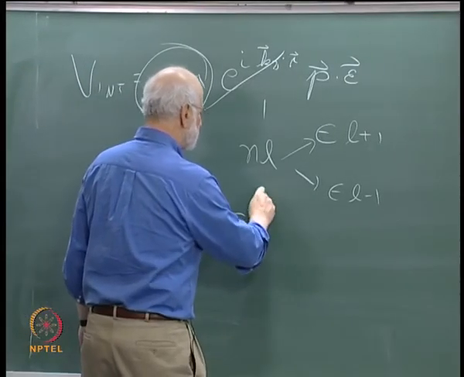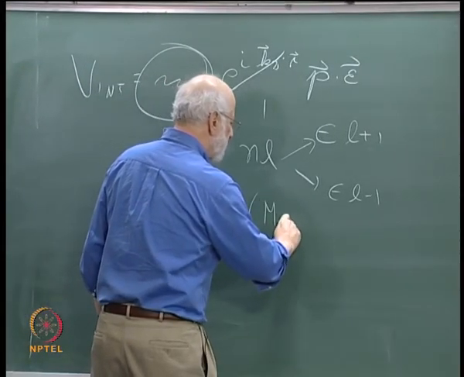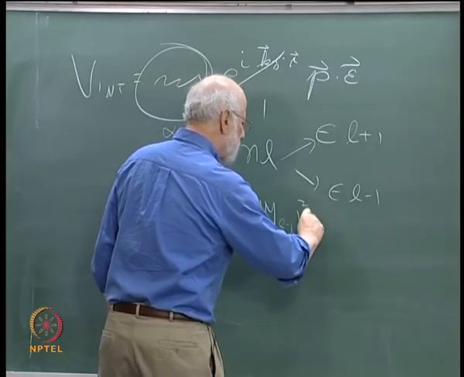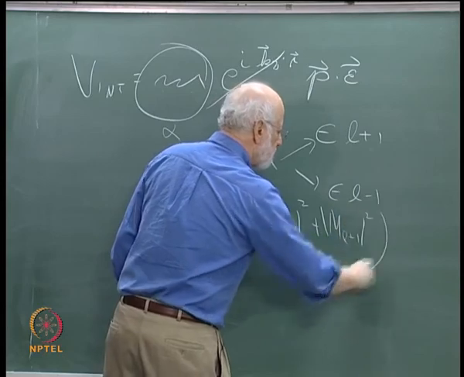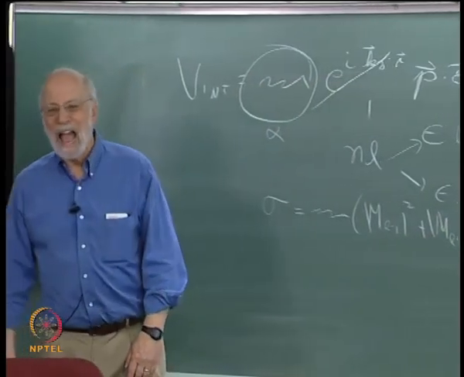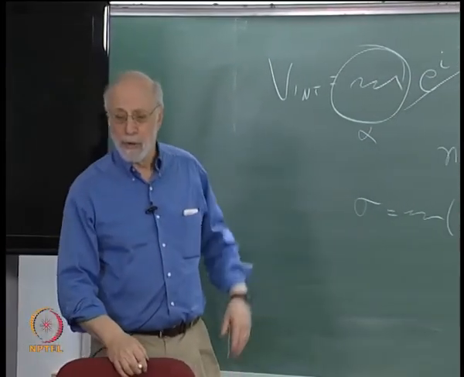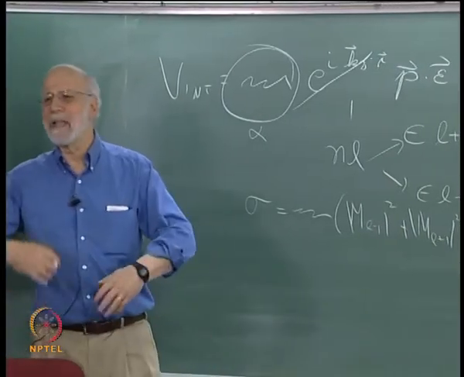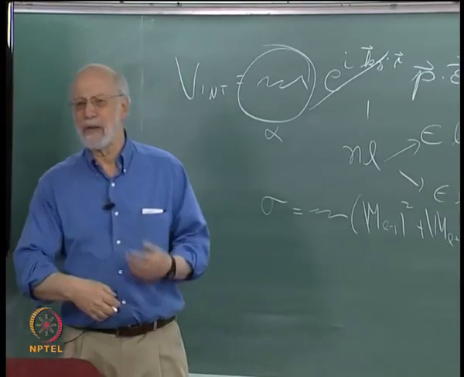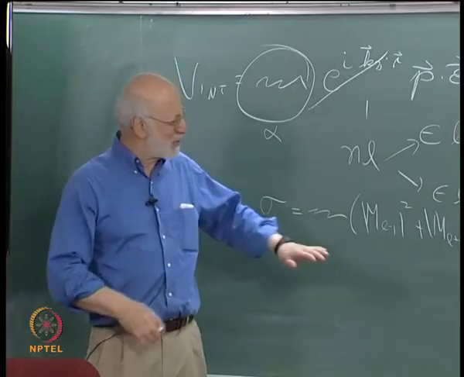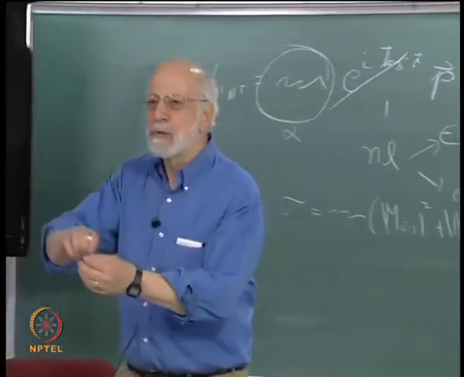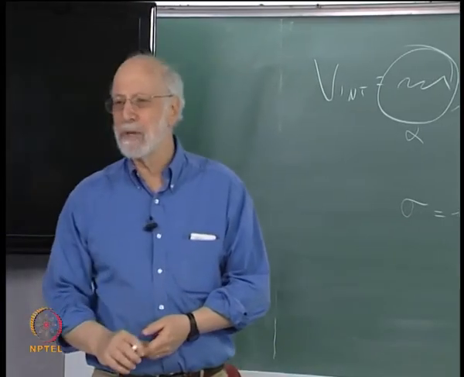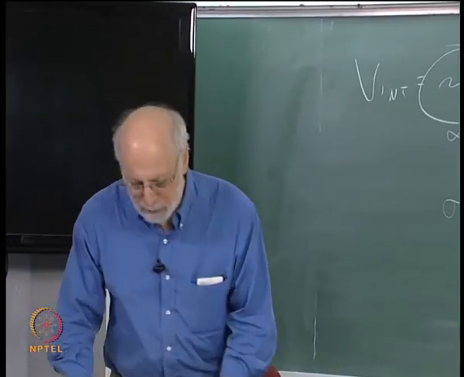And then the matrix element for l minus 1 absolute squared plus the matrix element for l plus 1 absolute squared. And if you're doing a calculation, this is what you have to do. Oh, in many electron atoms, it gets messier, and if you put in relativity, it gets messier, but this is the fundamental idea. It's the sum of the absolute squares of the various matrix elements. We sometimes call them amplitudes.